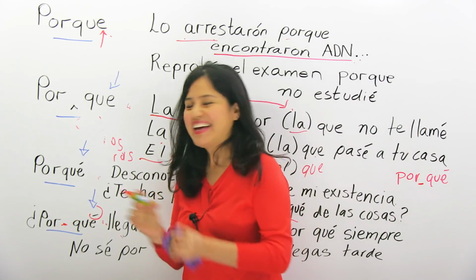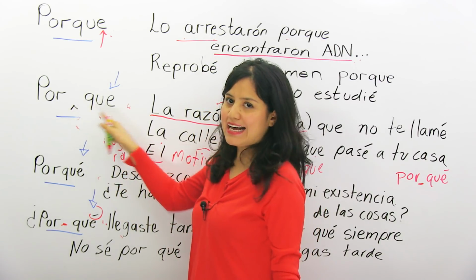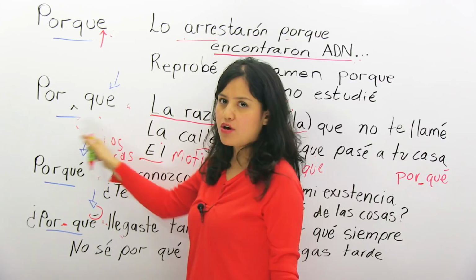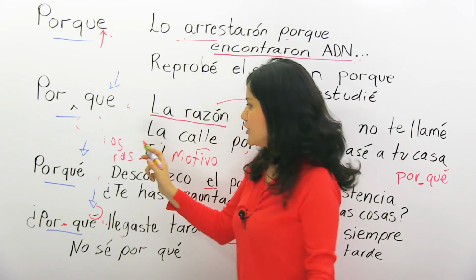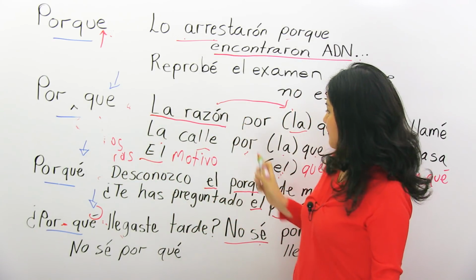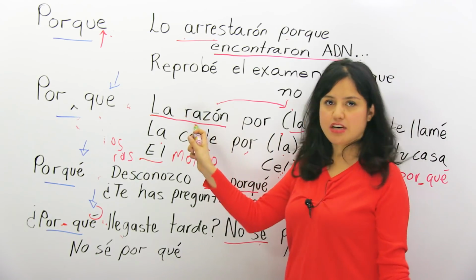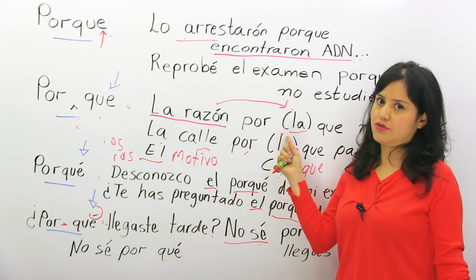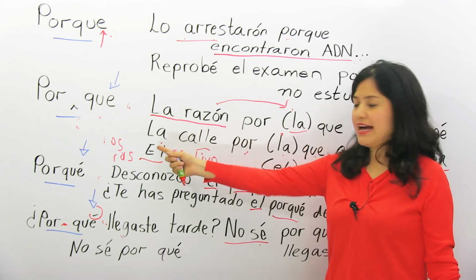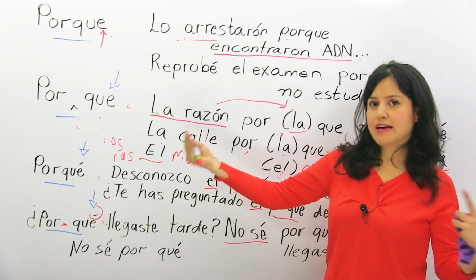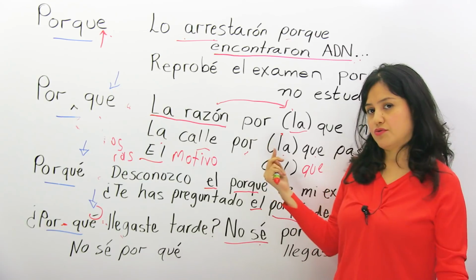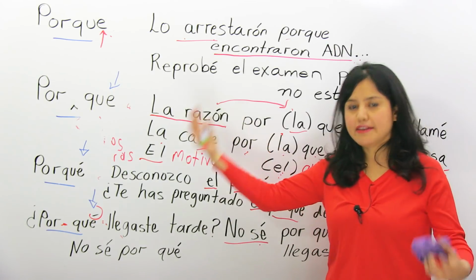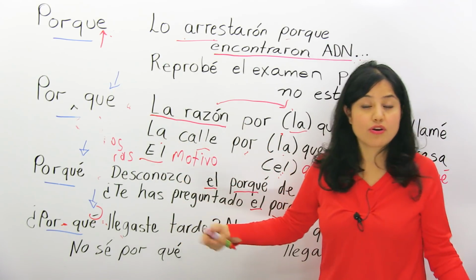So you say por la que, por el que, por los que, por las que. Really, you're substituting in the middle the subject. Muy bien. If the subject is feminine and singular, then you're going to use a feminine and singular. And if your subject is masculine and singular, you're going to use the masculine and singular. And if it's plural, you're going to use los or las.